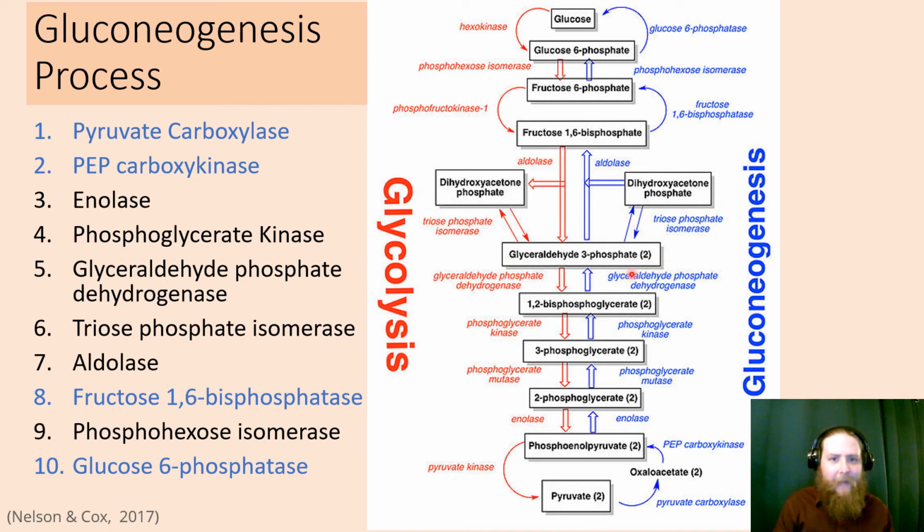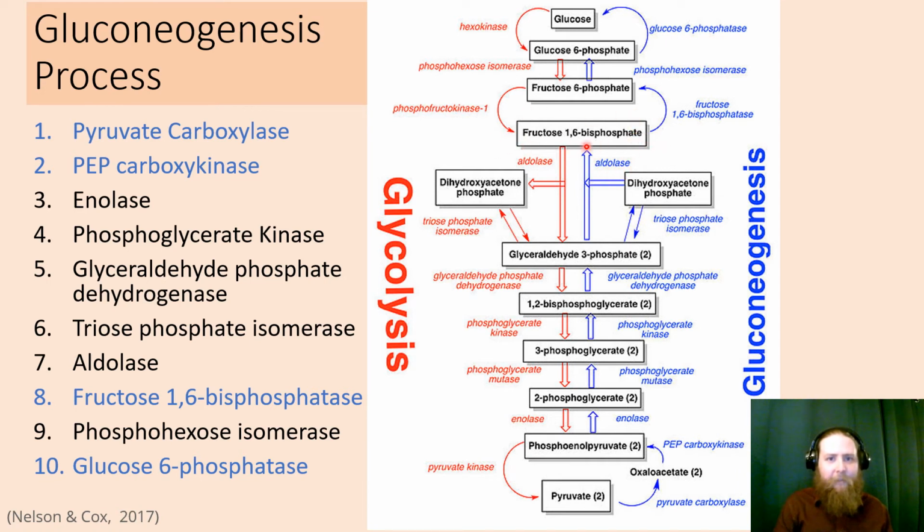So G3P, remember that was where we had that isomerization, and we still have it here where we're using this triose phosphate isomerase. And this is important, and we're going to talk about this because we have this G3P and this DHAP here that we're going to mash together using aldolase to create fructose 1,6-bisphosphate.